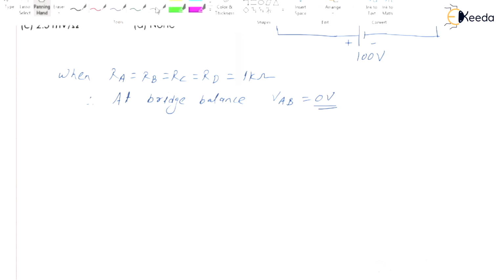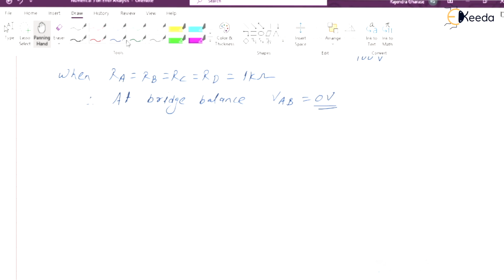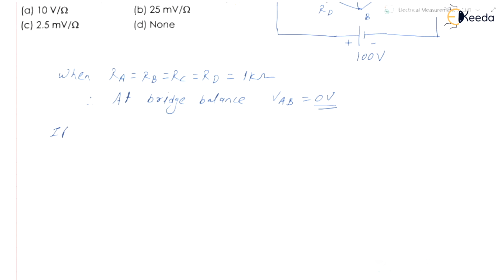If one of the resistors is changed to 1010 ohm, then the circuit will be like this.